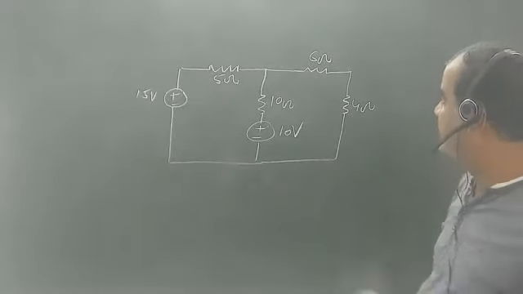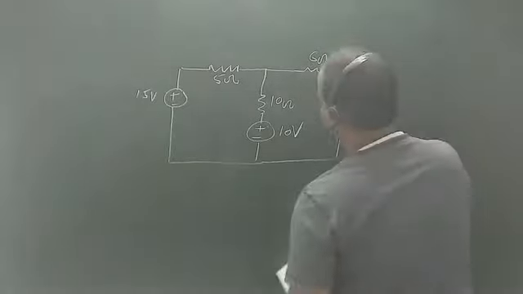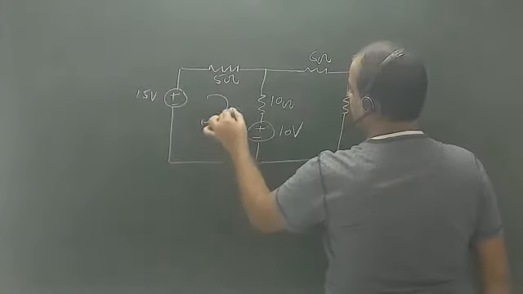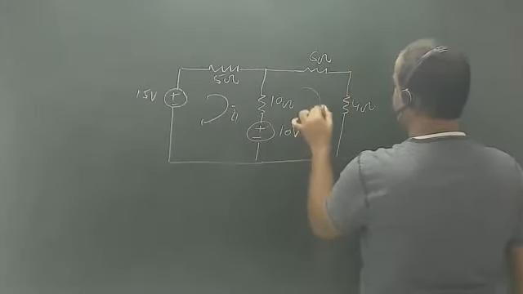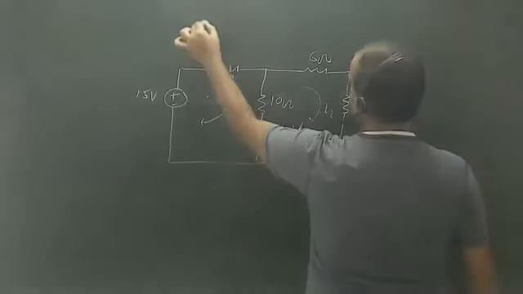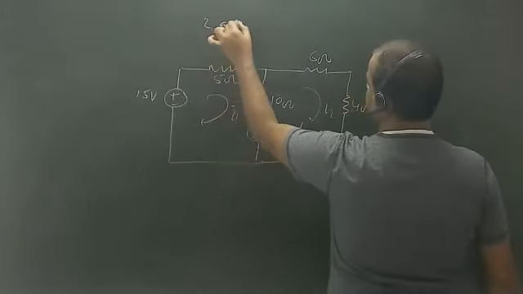So we can write the equation now. Here say this is I1, this is I2. So you have to find I1 and I2.